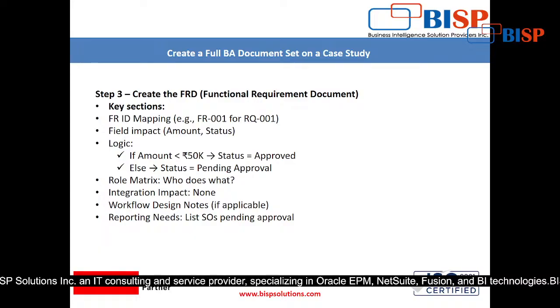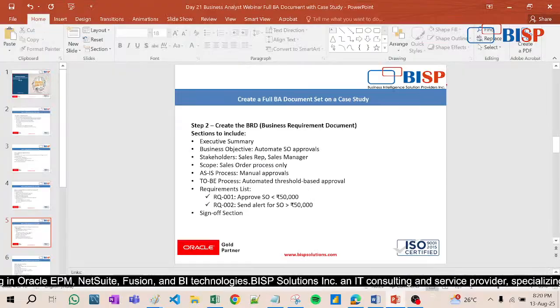Is there any reporting need? What type of reports can we produce? Like a list of sales orders pending approval, right? So in this way, a functional requirement document is something like this. So let's do this also.